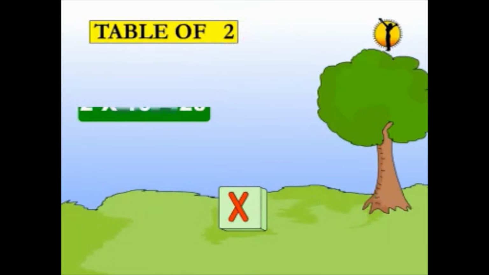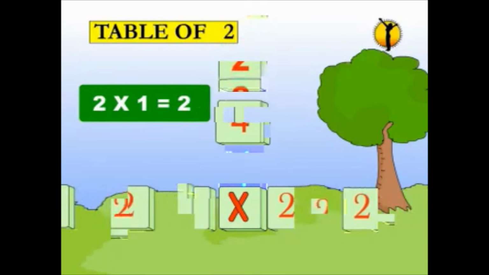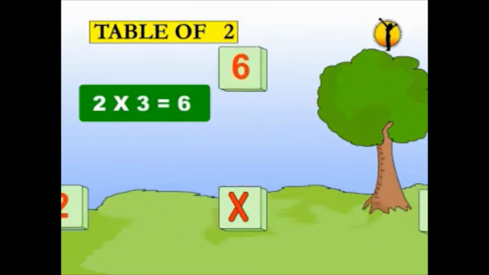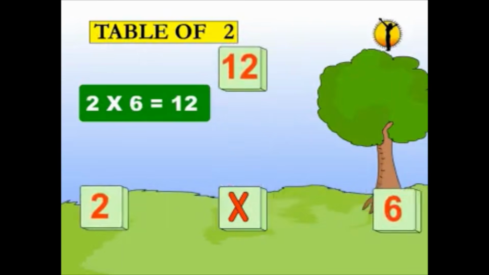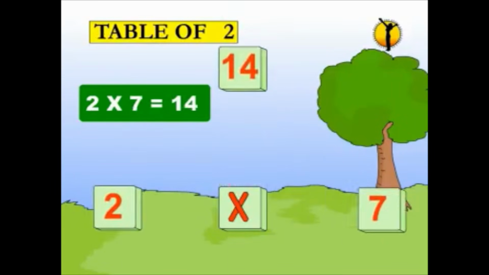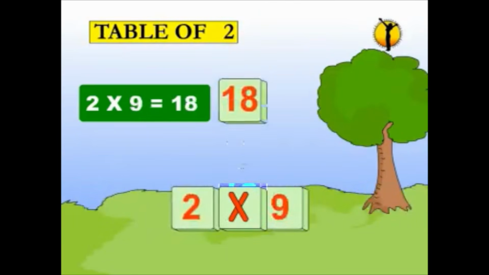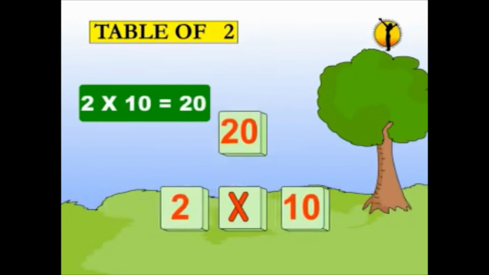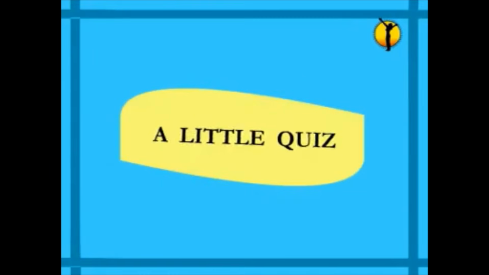Come along. 2 ones are 2, 2 twos are 4, 2 threes are 6, 2 fours are 8, 2 fives are 10, 2 sixes are 12, 2 sevens are 14, 2 eights are 16, 2 nines are 18, 2 tens are 20.